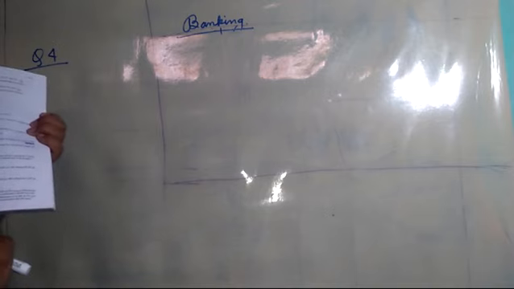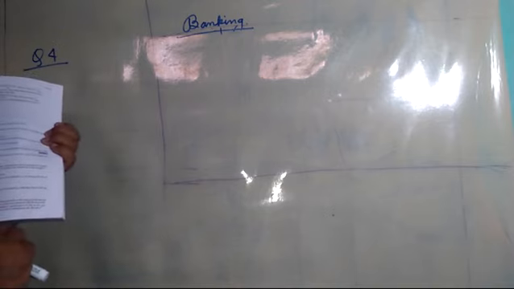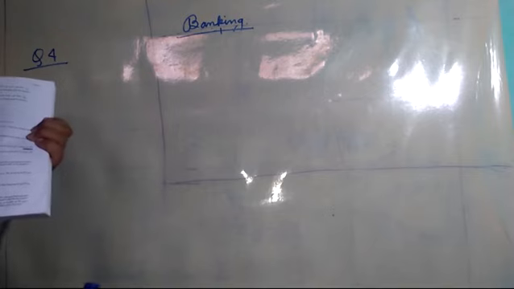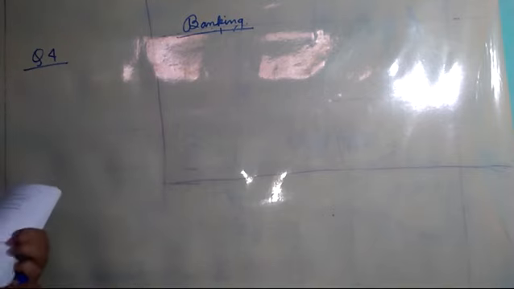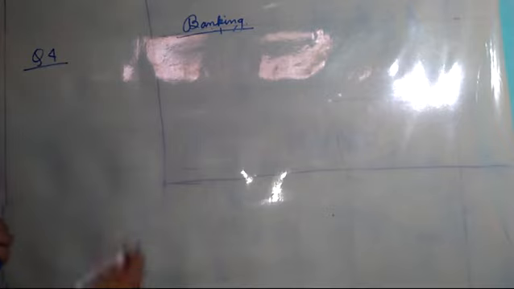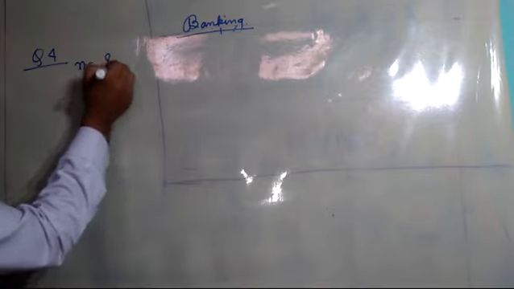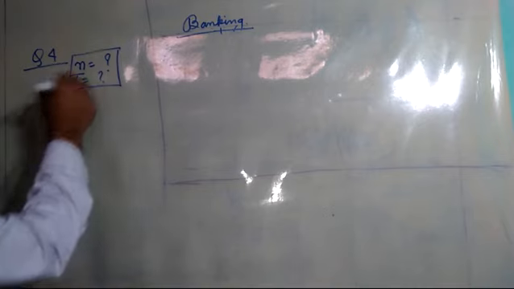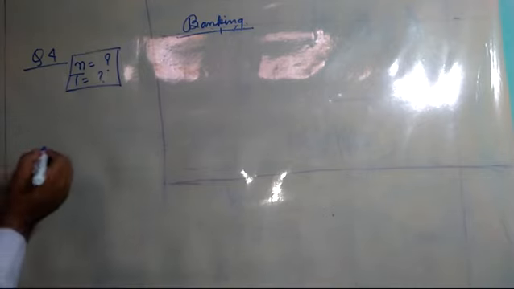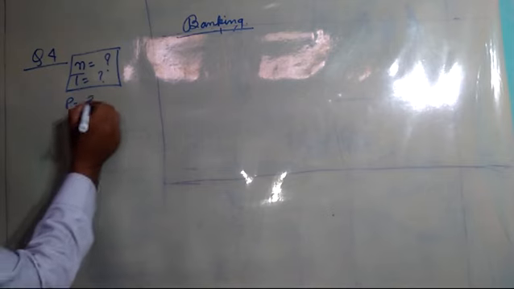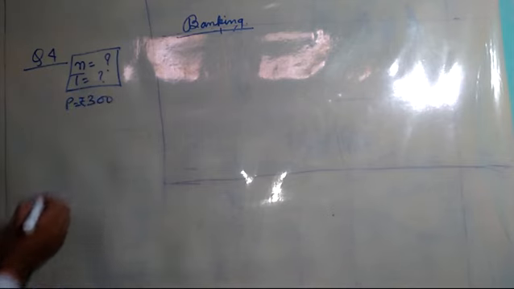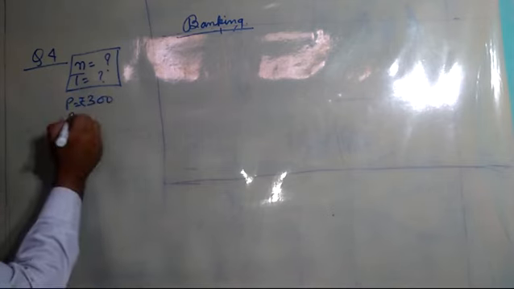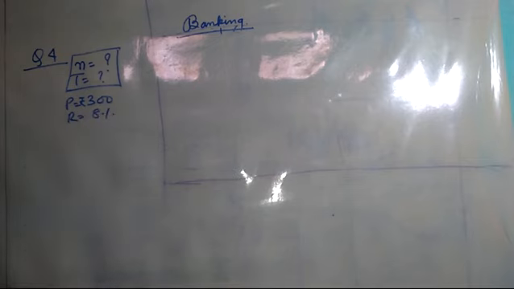Now the second part of this question says to find the period for which he continued with the account. That means we have to calculate time. N is equal to question mark, or you say time is equal to question mark, one and the same thing. Here it is mentioned principal is equal to rupees 300. Then we have rate of interest is equal to 8%.